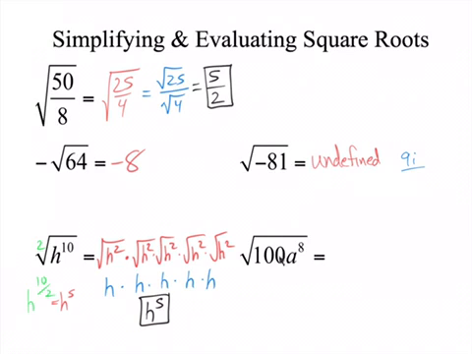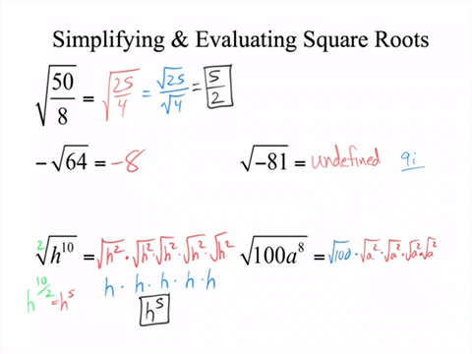So for this last one, I'm going to do something very similar, but with a little bit extra step. What I'm going to start with here is the square root of 100. And then let's break up a to the 8th. Isn't a to the 8th going to be the square root of a squared times the square root of a squared times the square root of a squared times the square root of a squared?